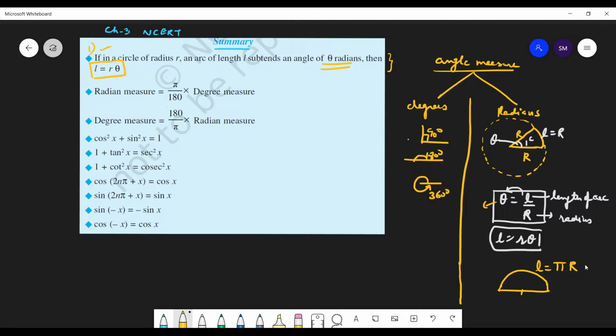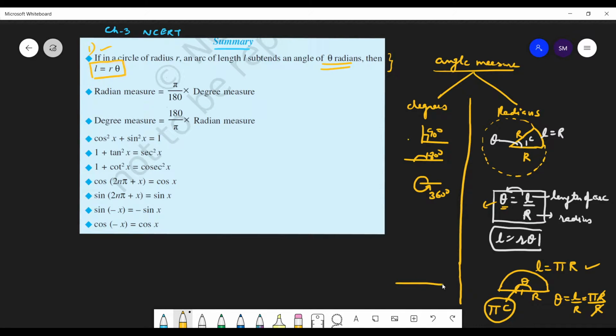So the length of arc is pi r, and this is the angle theta. What is the formula for theta? Theta equals L by R. What is L? Pi r upon r. So this r will cancel out, and theta will be equal to pi radians.